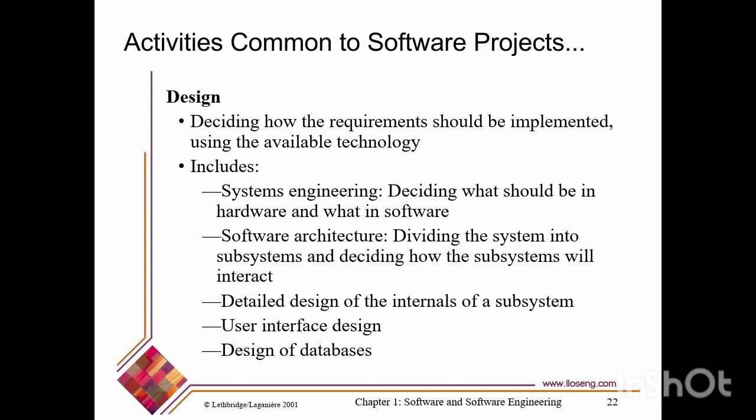This includes systems engineering, deciding what should be in hardware and what in software. It involves both hardware and software specification, software architecture, dividing the system into subsystems or modules, deciding how the subsystems will interact, detailed design of the internals of the subsystem, user interface design, and database design. These are included in the design.